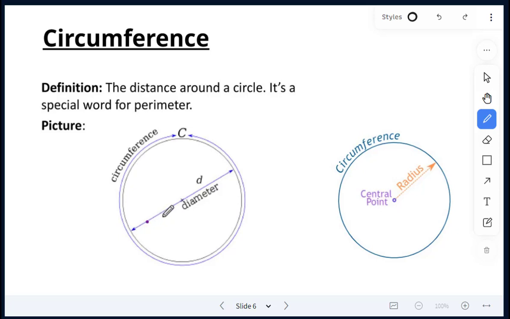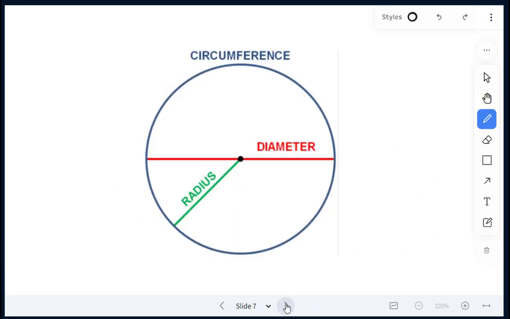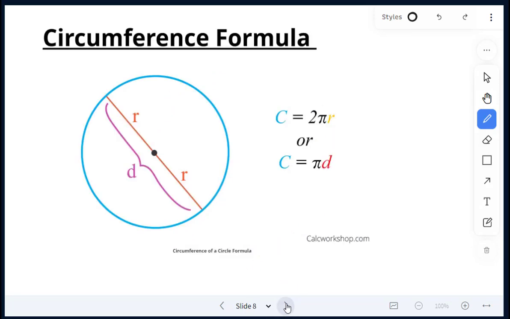Again, we can see diameter here. We can see a radius here from the central point to the outside of the circle. Again, just another diagram showing the diameter is all the way across, going through the center of the circle. Radius is just from the center to the outside of the circle. All right, so there are 2 formulas you can use for circumference.